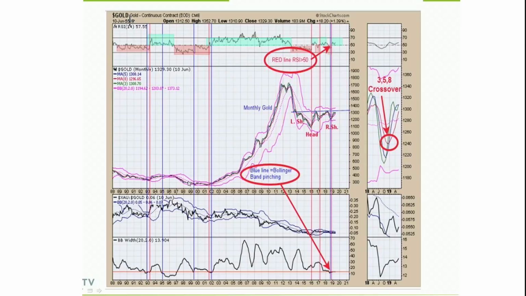But I went back in history and looked at the Bollinger Band width on a monthly chart for gold. The blue lines represent where Bollinger Bands became extremely narrow, in other words, around 10 or lower. I drew a red line across the bottom here, showing when the Bollinger Bands get really narrow.